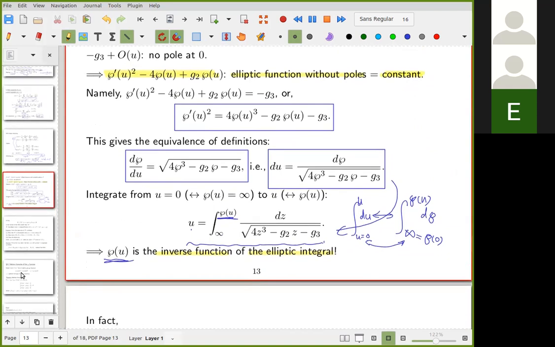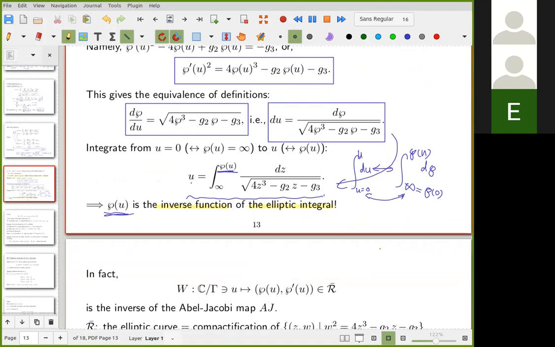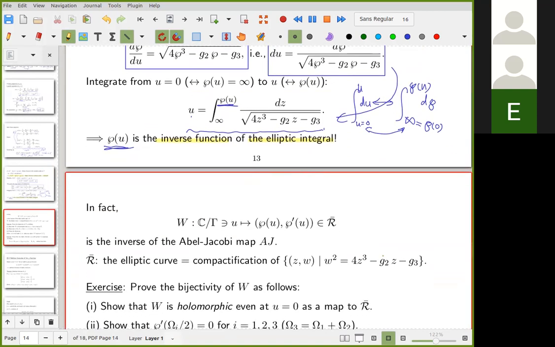Actually, we can construct the inverse function of the Abel-Jacobi map by using the P function and its derivative.